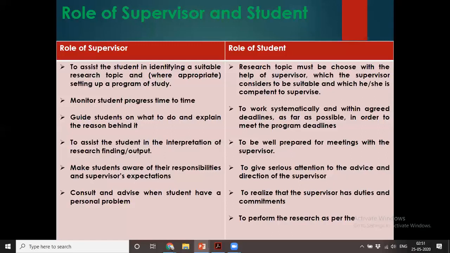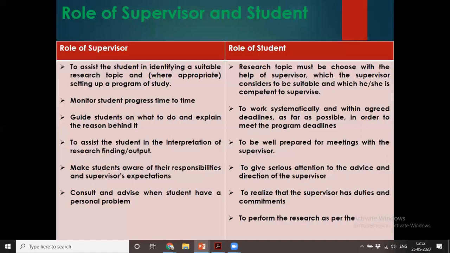Each day people used to meet without thinking that the supervisor may have some kind of work. They generally go to his chamber, and that may sometimes create a problem.